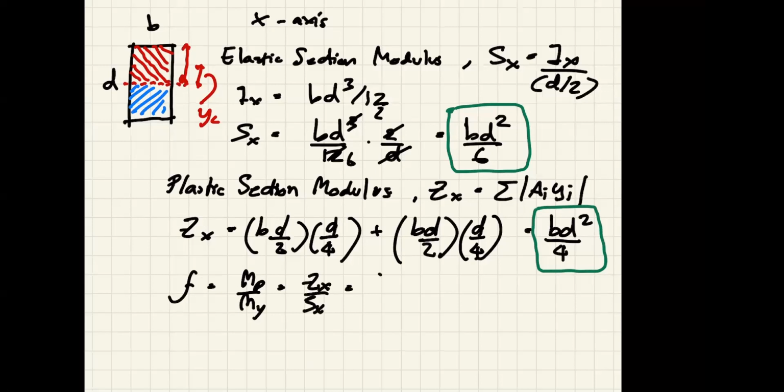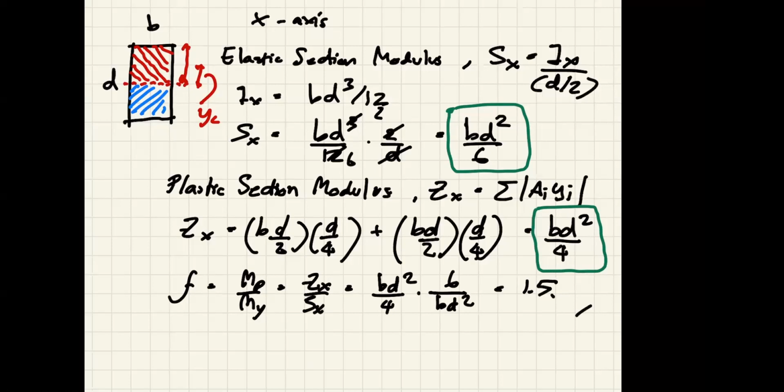So it is BD squared over 4 divided by BD squared over 6. That is 1.5. So that is the shape factor of any rectangle, 1.5.